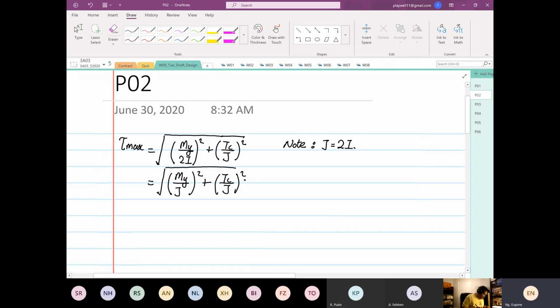Also note that the bending moment at its maximum will occur when this is equal to MC over I. When that's the case, you change this to c, so this is also Mc over J, squared, plus Tc over J, squared.